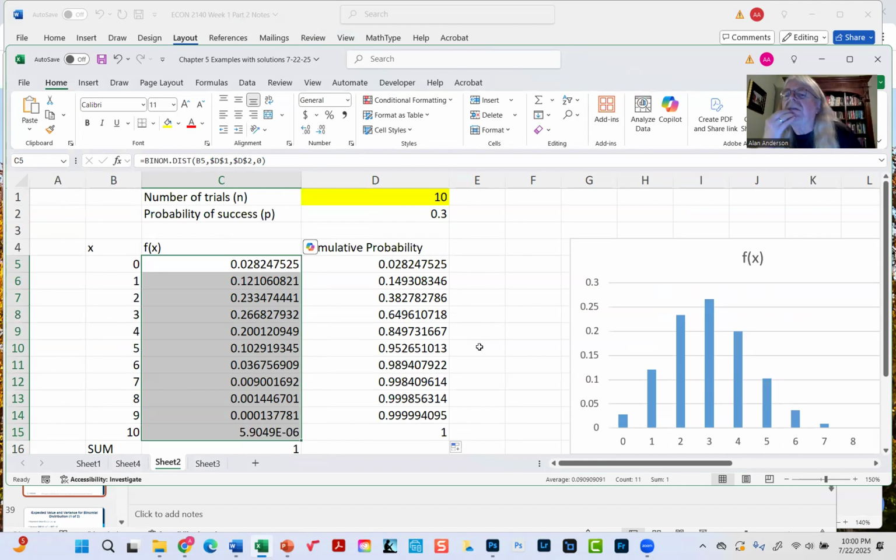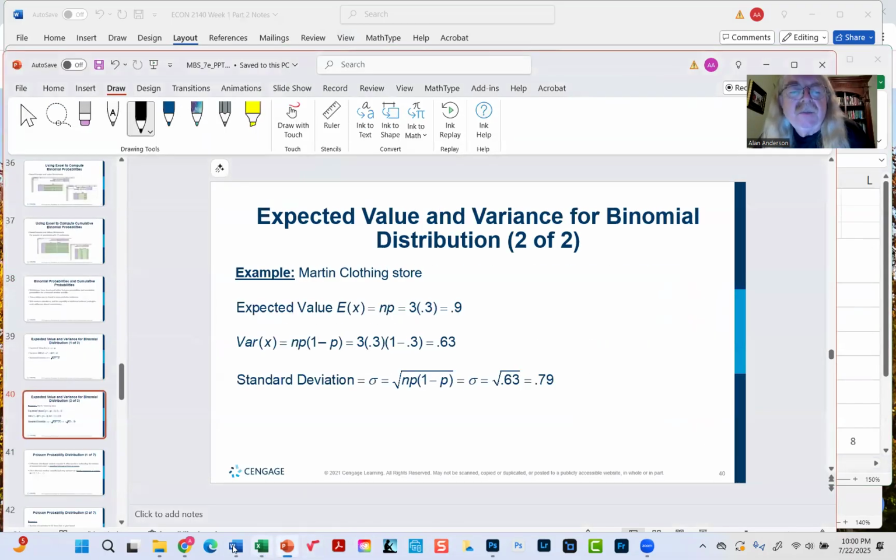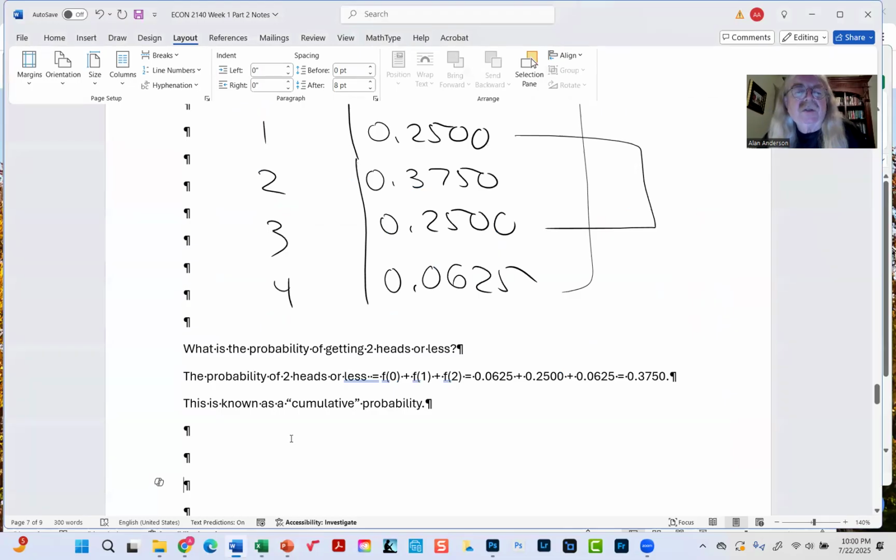In the calculator, by the way, I almost forgot to mention, I briefly alluded to this earlier.